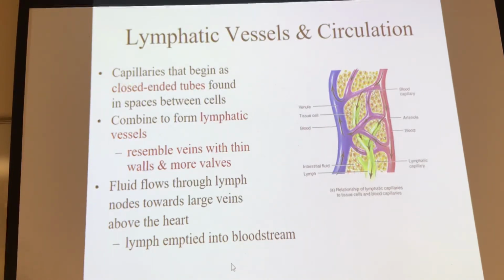So you have the left and right subclavian veins. You'll see in a second that we will have lymphatic fluid being dumped into these subclavian veins. And again, since it's like interstitial fluid, it's very easily incorporated into our bloodstream.